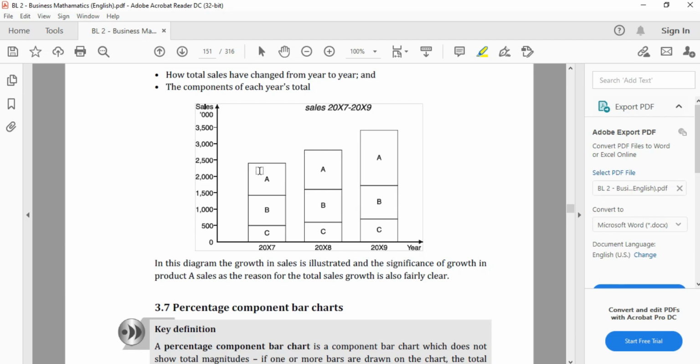A is only from 2400, the upper limit, and a lower limit of 1400, which means the gap is 1000. 2400 minus 1400 is 1000. So A basically has been sold at 1000 units in 2007. Okay, so that is how you interpret component bar charts.